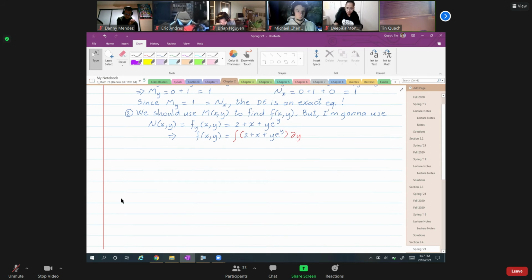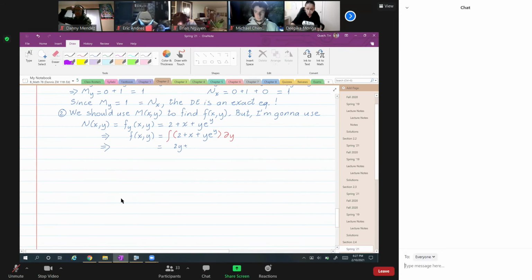Let me go a little bit to the left so we have more room. What is the integral of 2 with respect to y? 2y. The integral of x with respect to y? xy.